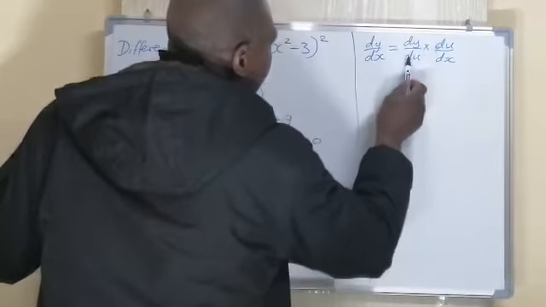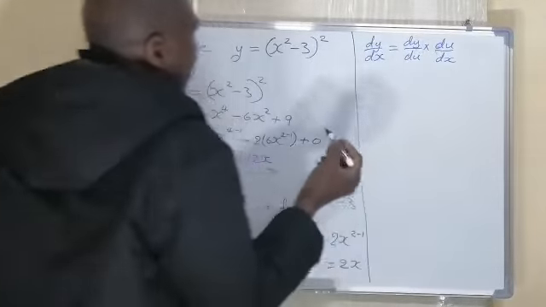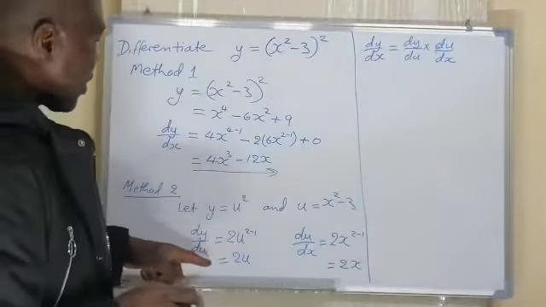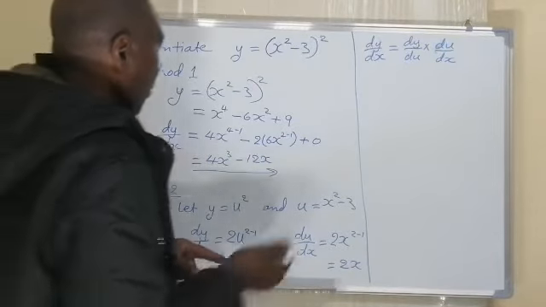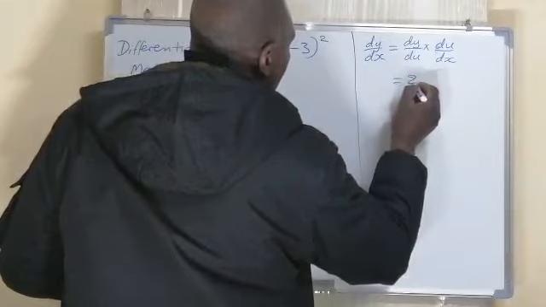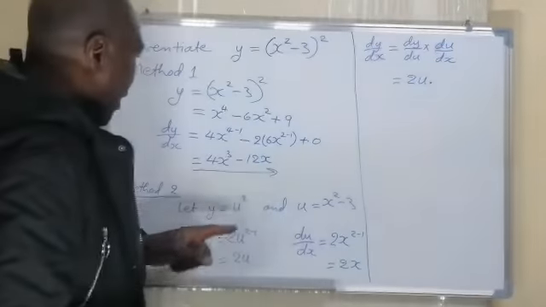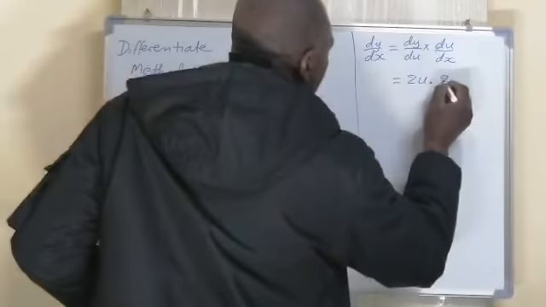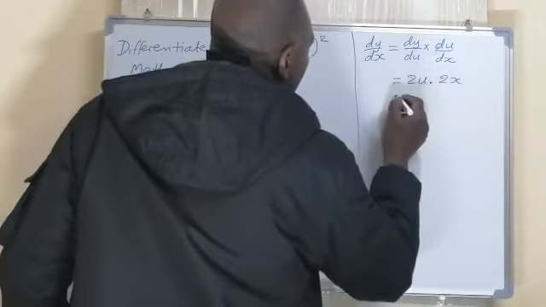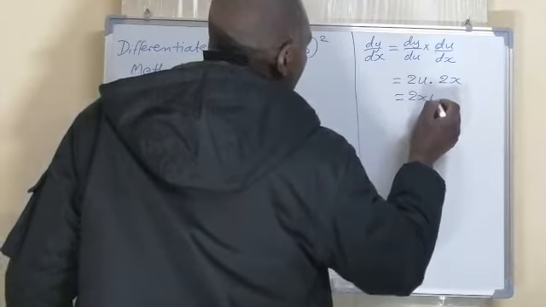If you check this, du will get cancelled, so that we end up with dy over dx. Then we substitute with what we have right here. For dy over du is this one, which is 2u multiplied by du over dx, which is 2x. And this will ultimately give us 2xu.